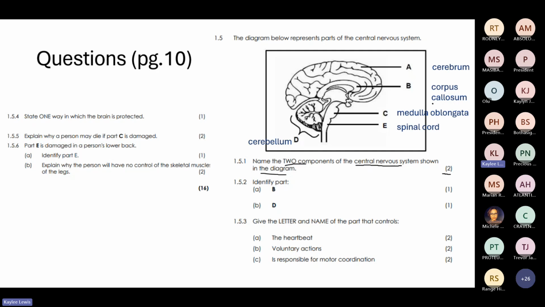So your answer for B will be corpus callosum. Then they want you to identify part D. So part D is that little structure underneath the bulk of the brain. You almost picture the brain like a mushroom. So you've got the cap of it, and then you have the stalk, and then you've got the little cerebellum underneath it. So part D would be the cerebellum.